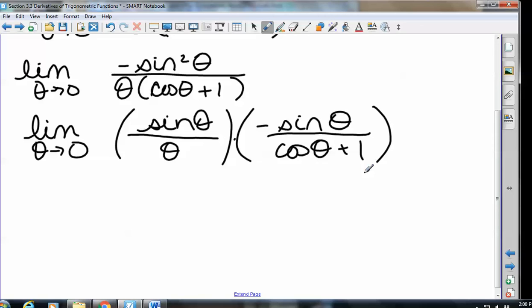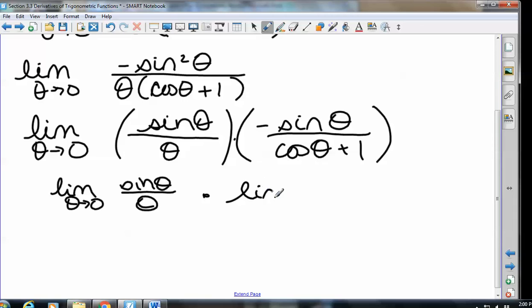Because with limits, we know if you have two things multiplied together, you could do their individual limits, right? So really, here, I have the limit as theta approaches 0 of sine theta over theta times the limit as theta approaches 0 of negative sine theta over cosine theta plus 1.